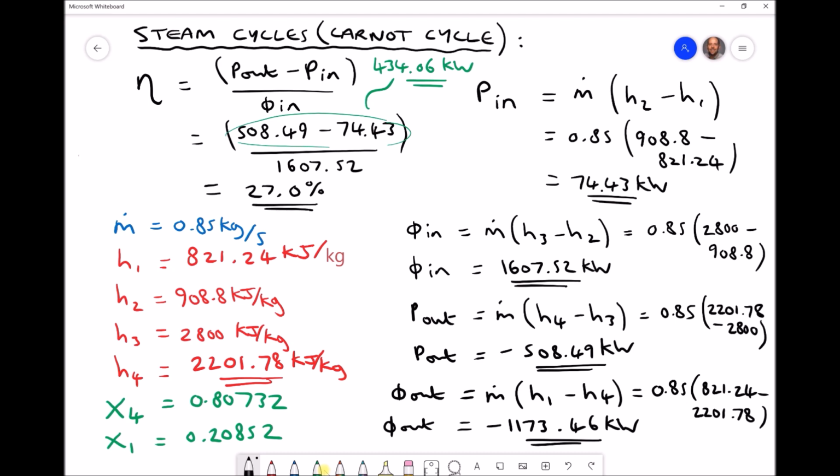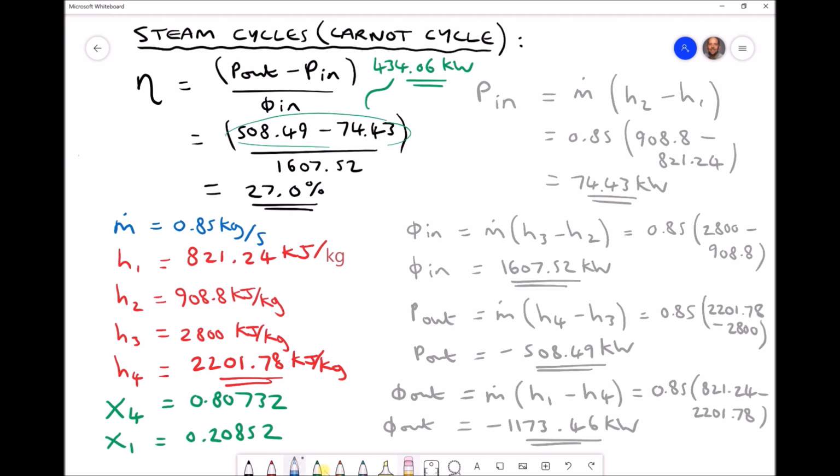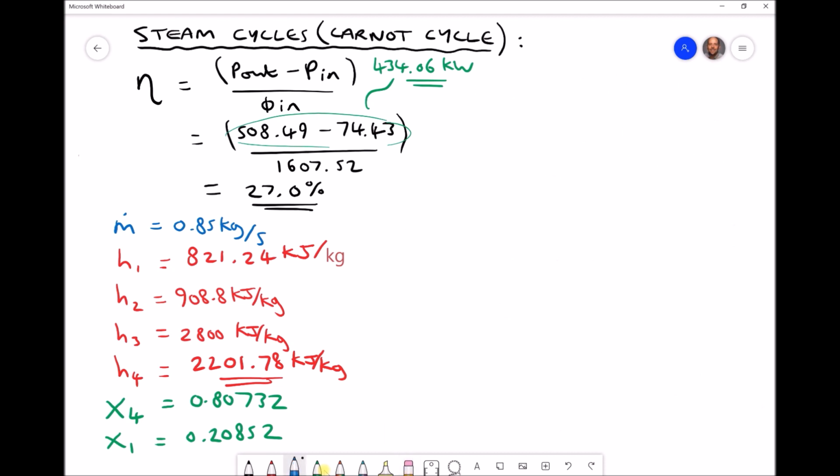Now interestingly, we can check that value for a Carnot cycle because we actually have another formula that can be used to work out Carnot efficiency. Now, this only applies for a Carnot cycle, but what we also know is that the Carnot efficiency is 1 minus the low cycle temperature divided by the high cycle temperature.